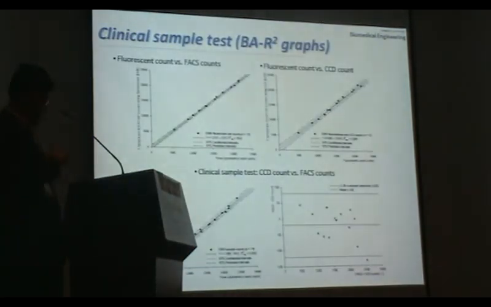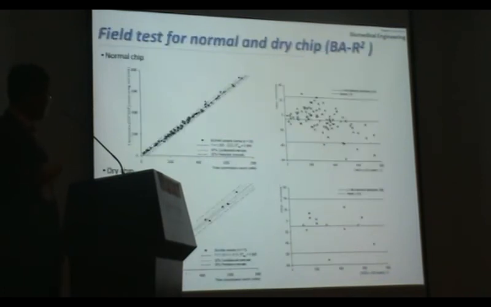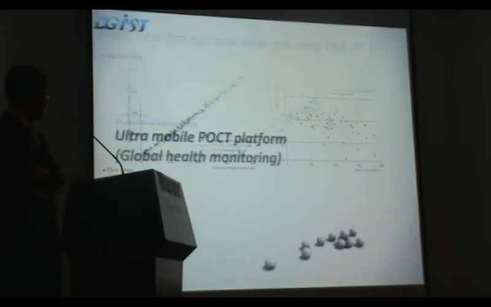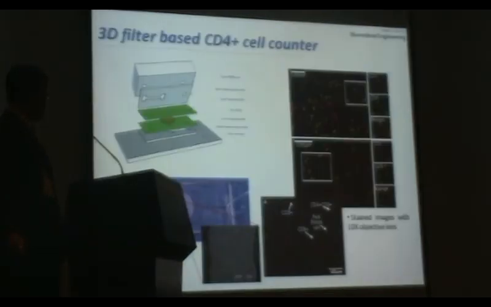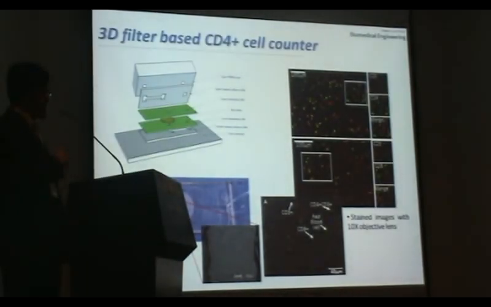So the result shows a very good R-scale value and some false positive and negative results like that. The same chips show good results that can be used clinically. The other thing is we also apply this kind of chip without any surface chemistry.